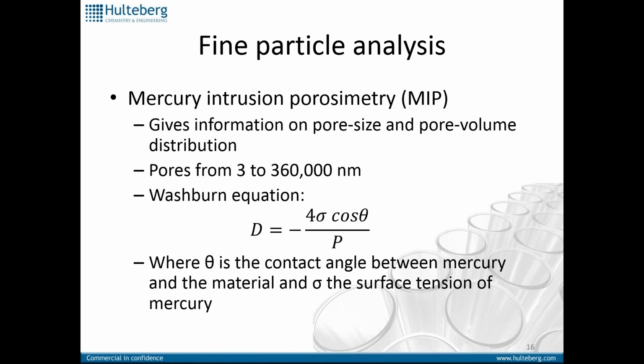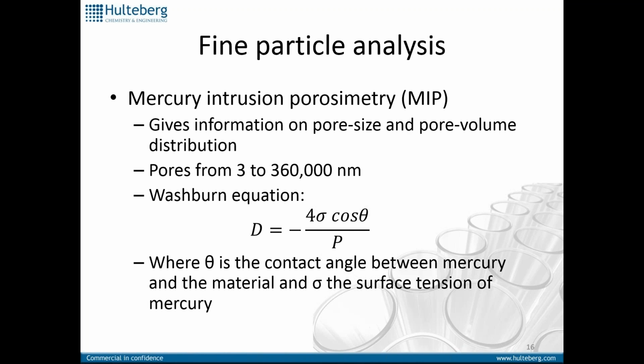It will give you, however, very good information on pore size and pore volume distribution, ranging from 3 to 360 nanometers, so not the smallest of the pores, but up towards particle size. That's 0.3 millimeters, so rather large particles.